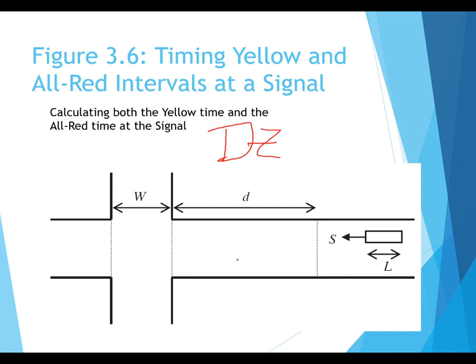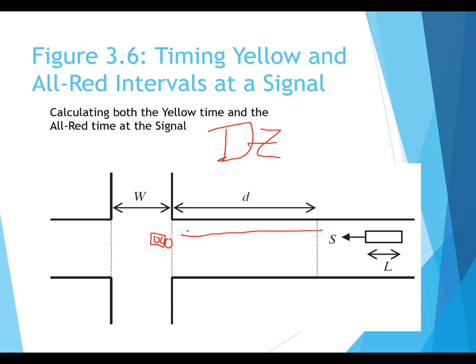The dilemma zone is when you're approaching the intersection, the signal was green, and then it starts turning yellow before it turns red. How much yellow do you need to give? It's going to be based on 2 types of drivers. This driver here will decide to stop.